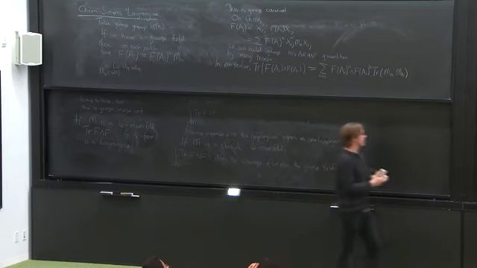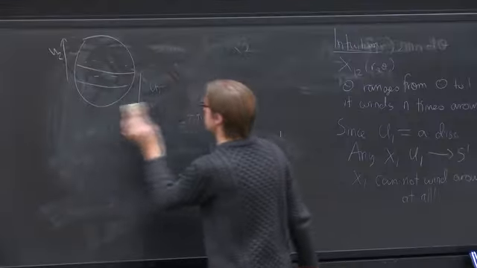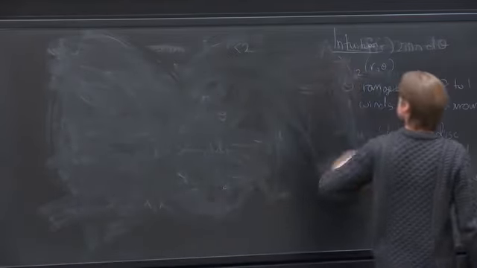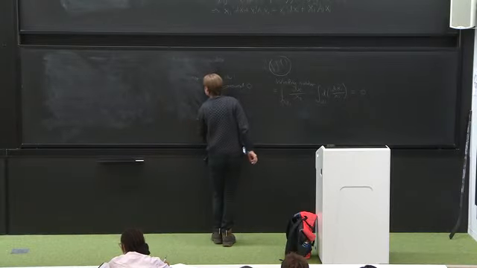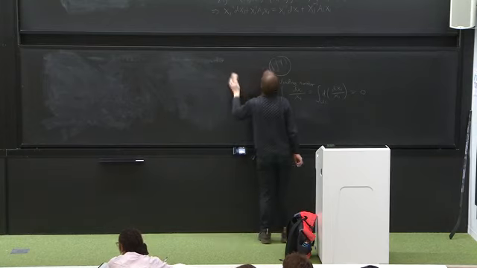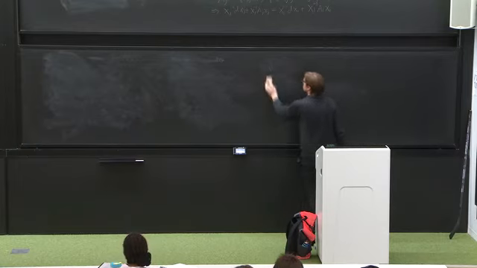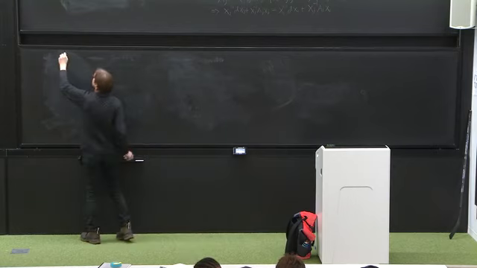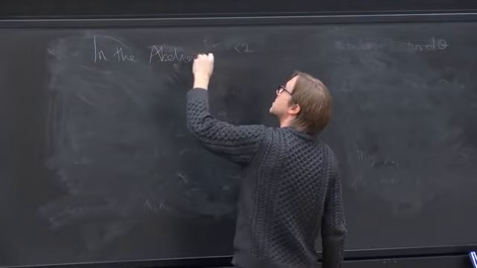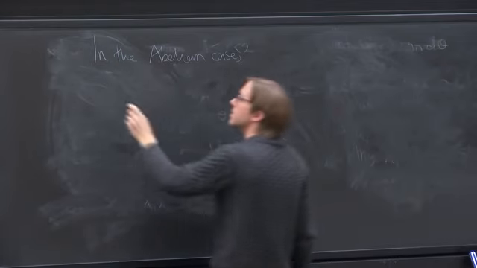Let me maybe explain why that happens in the abelian case. So in the abelian case, I'll just assume there's one gauge patch for simplicity.